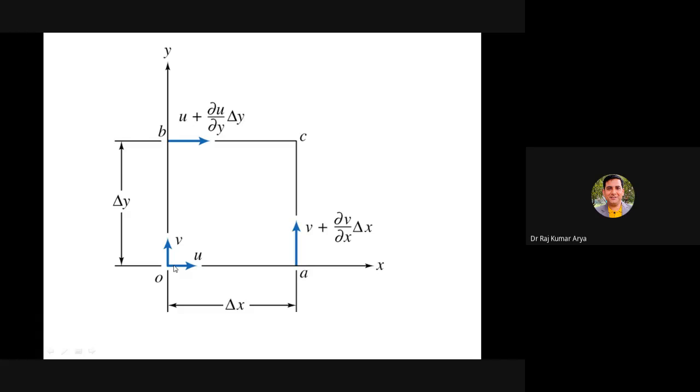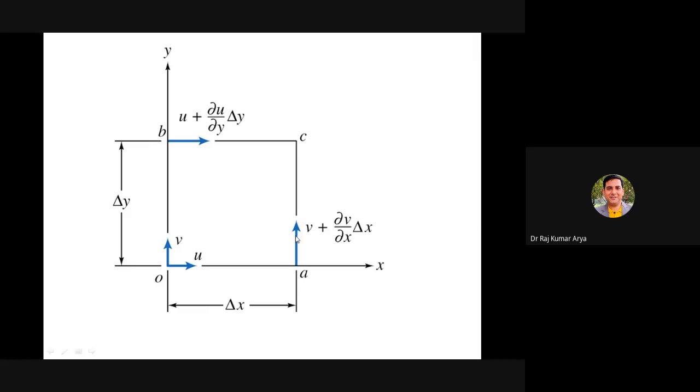So now what is happening here? While doing the Taylor series expansion, if you are moving delta x distance to the x side, you can calculate what the velocity should be. If you have motion on this side, you can calculate that, and let's say you want to calculate the velocity component v on this particular side.